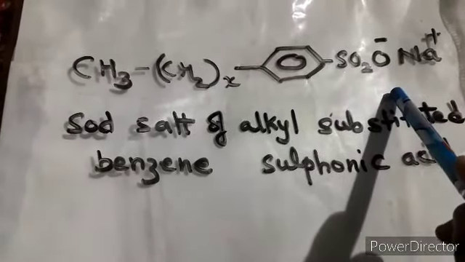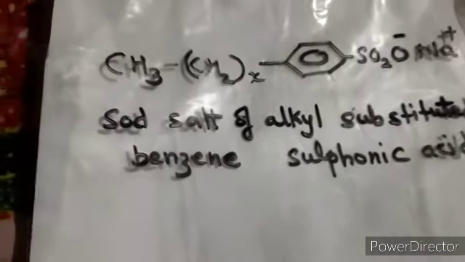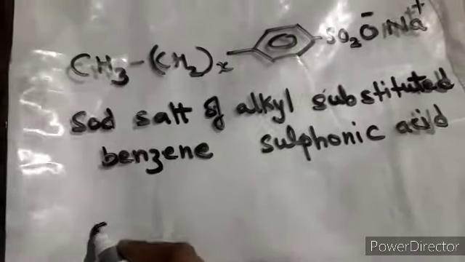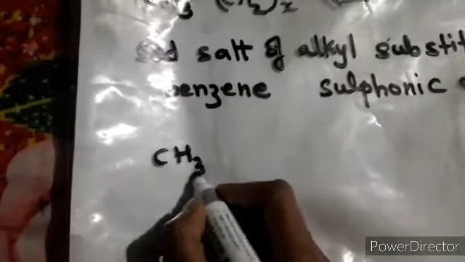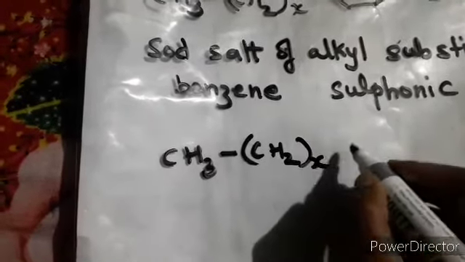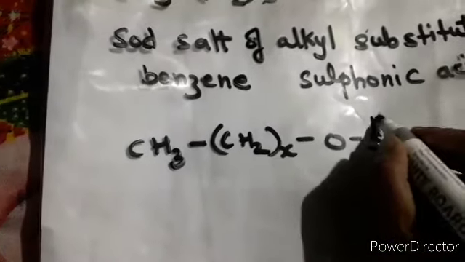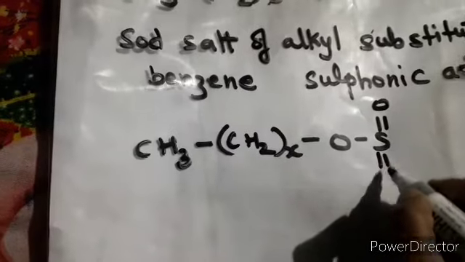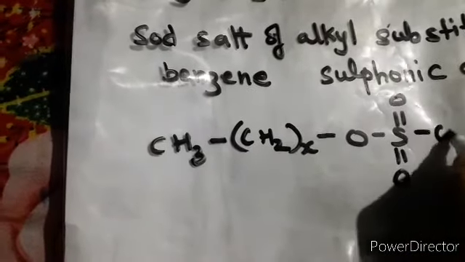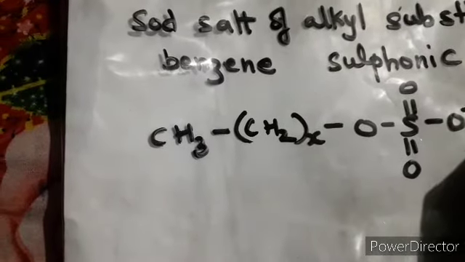It's one example, and we can use the other part also. I'm just writing the formula: CH3, single bond, CH2, X, O, S, double bond O, double bond O, single bond O, negative charge, Na, positive charge.